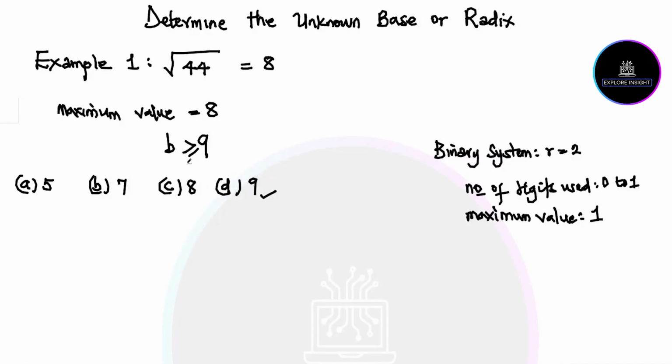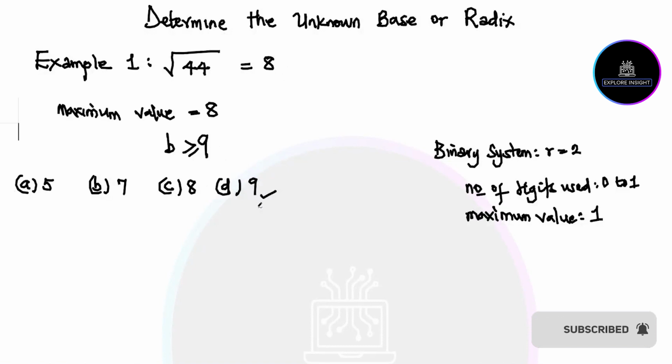Even if the radix is 10, it means 8 will be included, so this can go on. That is to tell that options A, B, C don't cover for this base. Rather, option D is the correct answer.